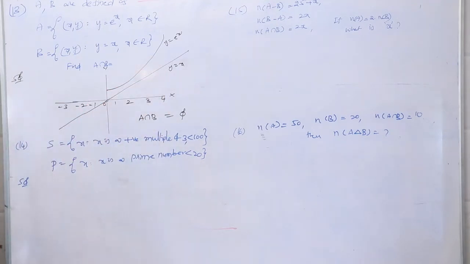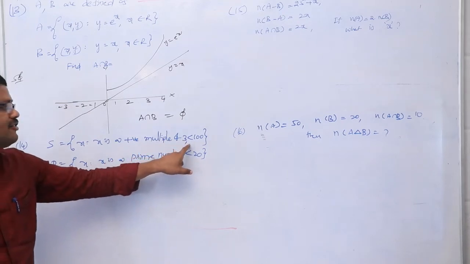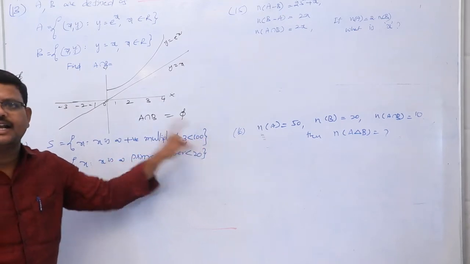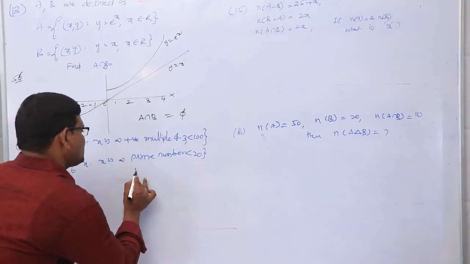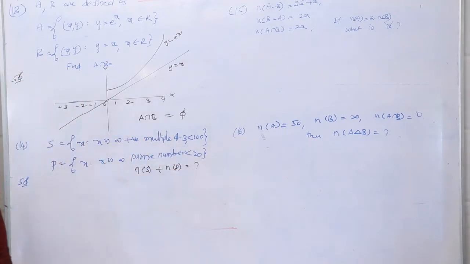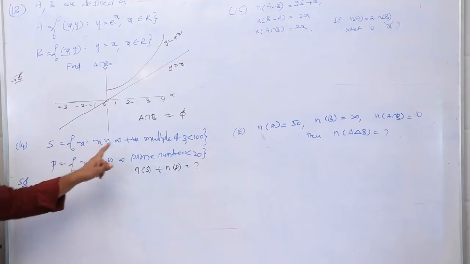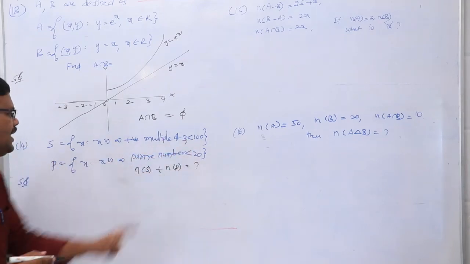And the next one: S equals the set of x such that x is a positive multiple of 3 which is less than 100, and P is the set of x such that x is a prime number less than 20. He is asking n(S) plus n(P) equals what? How to find it? Between 3 and 100, we have 33 multiples, since 3 times 33 equals 99.